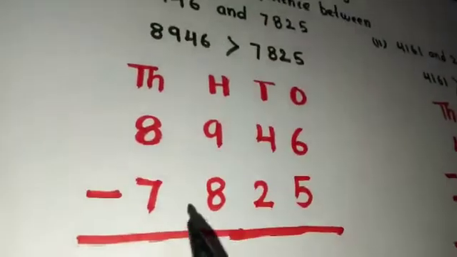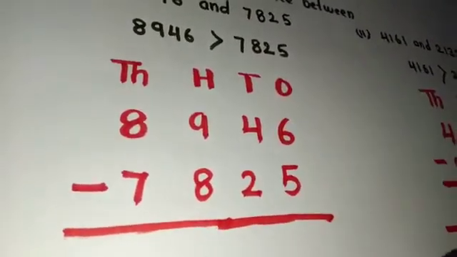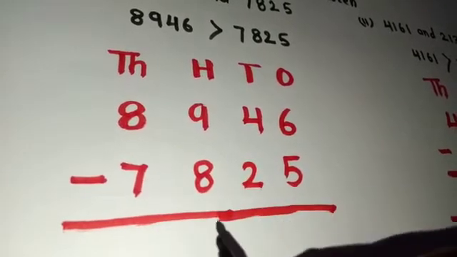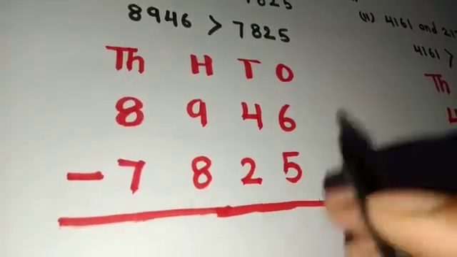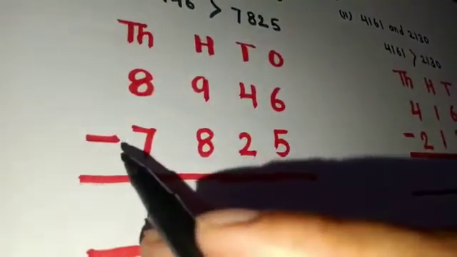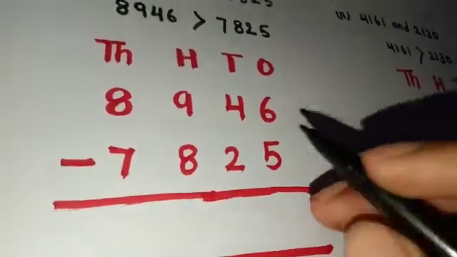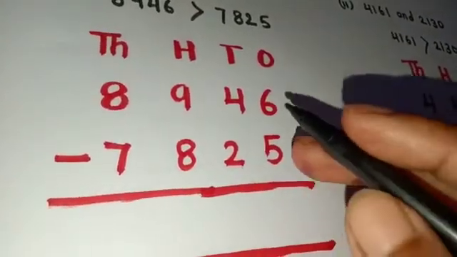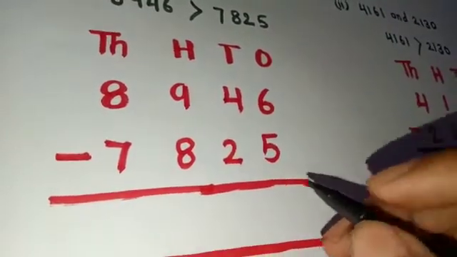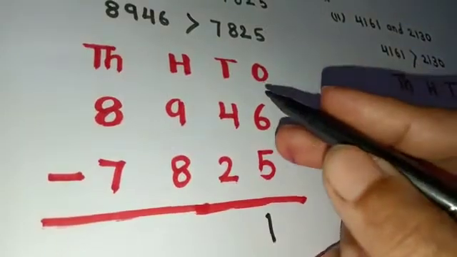So first of all, we write 8,946. Then we write 7,825. Then we subtract with the sign of minus. If 5 is subtracted from 6, then we will get 1 at the place of ones.